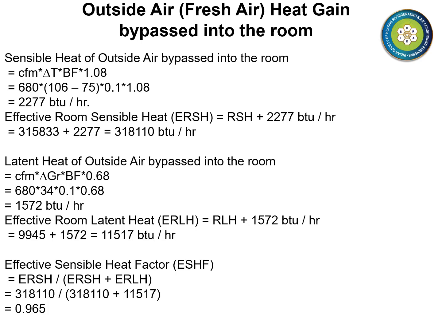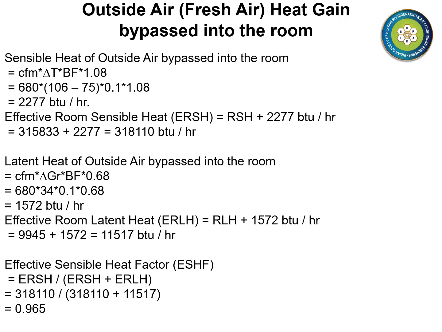The sensible and latent heat outside air loads bypassed into the room are shown in this slide. Pause this video and carefully go through the calculations. The sensible heat of outside air bypassed into the room works out to 2277 BTUs per hour.